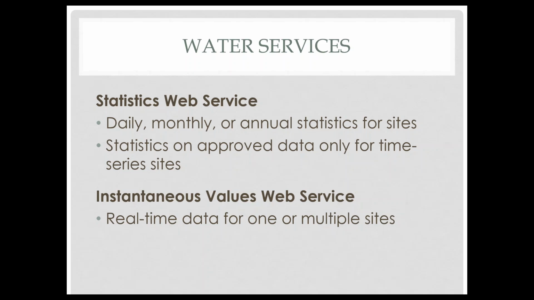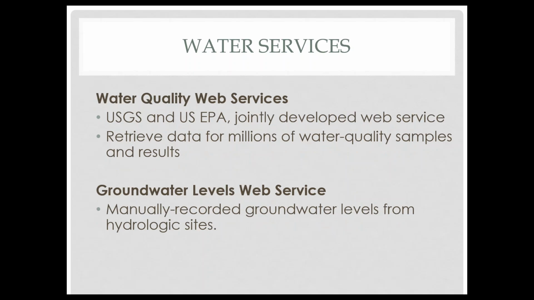We also have the instantaneous values, the sub-minute, 15-minute, hourly measurements transmitted to the center for the continuous measurements; those are what we call instantaneous values. There's a water quality service and also a discrete water level service.